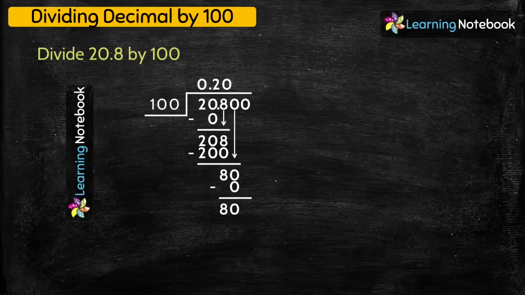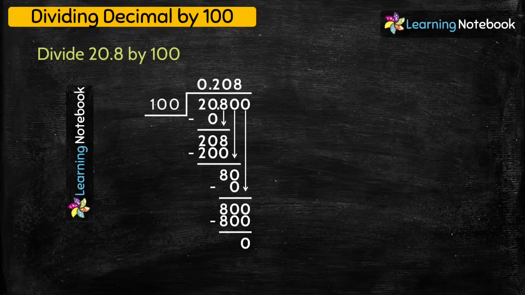Let's again insert 1 0 and now copy that 0. Now we have to divide 800 by 100. 100 into 8 equals 800, and 800 minus 800 equals 0.